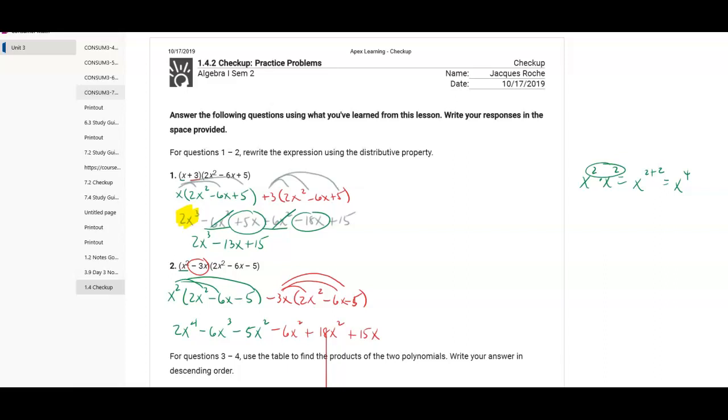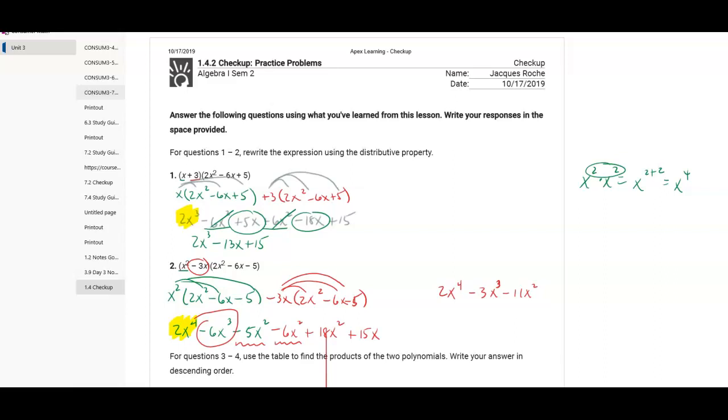Now I'm going to combine like terms. So I have nothing to combine 2x to the fourth with. So it's going to be 2x to the fourth. Then I have minus 3x to the third. I have no other x third, so I'm going to write that down. Then negative 5x squared minus 6x squared. Negative 5 minus 6 is minus 11x squared.